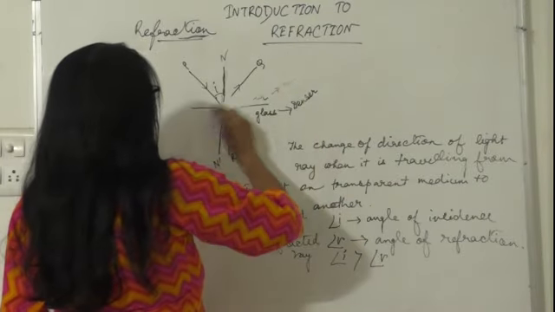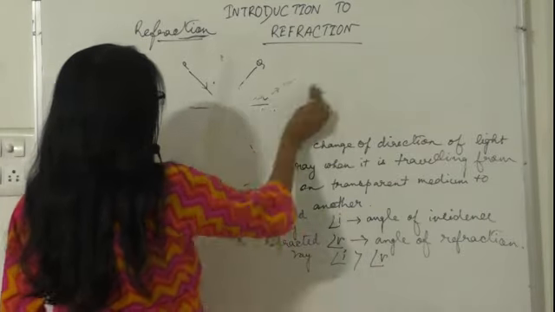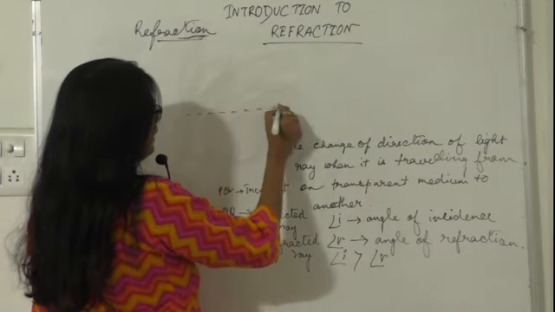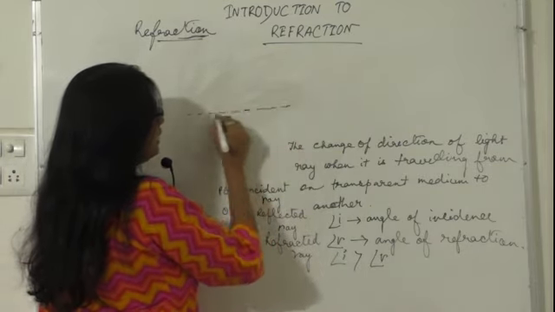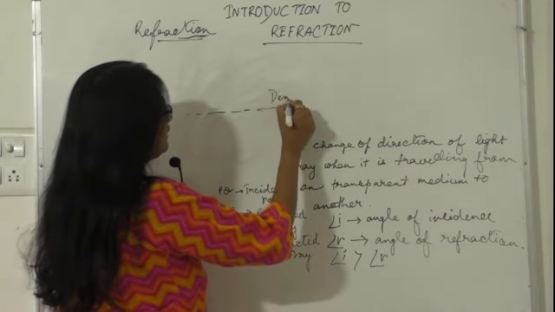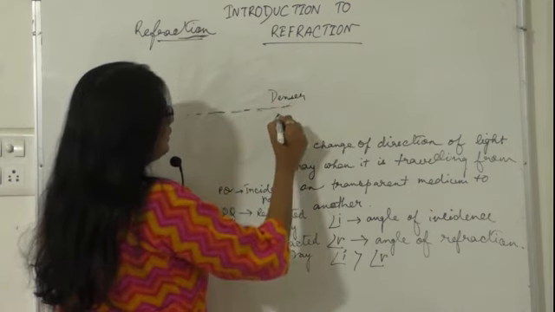Now, if we change the medium, that means if light is traveling through, this is the division line of two mediums. This is denser, this is rarer. Okay.